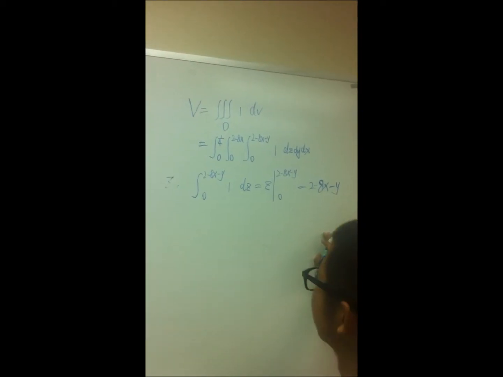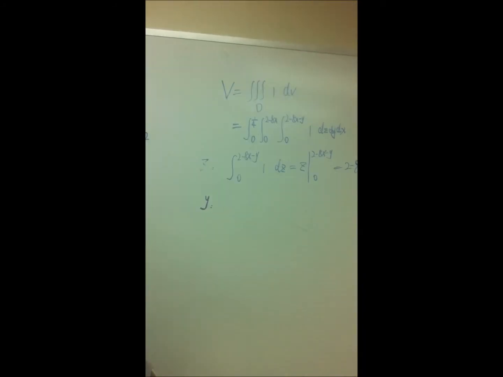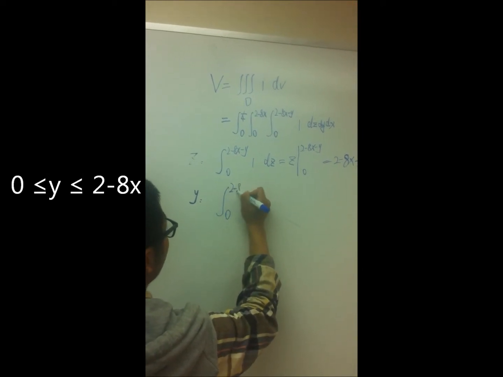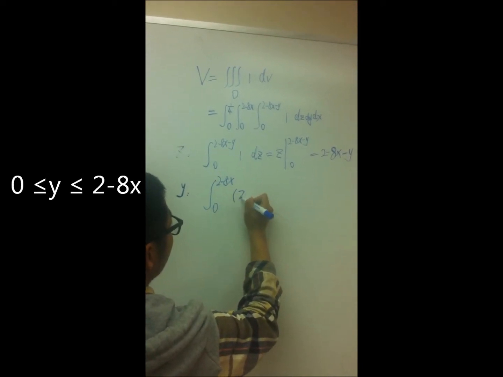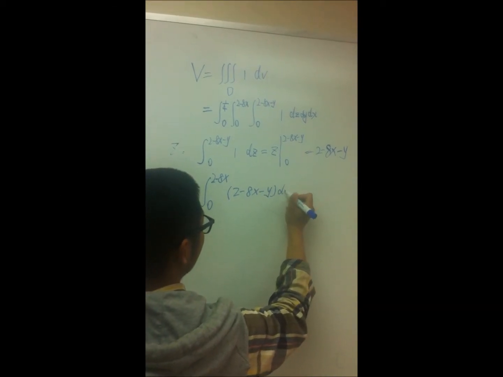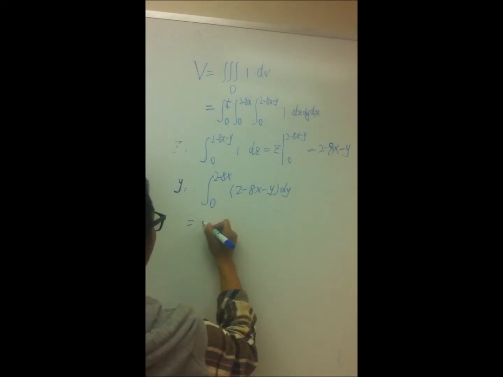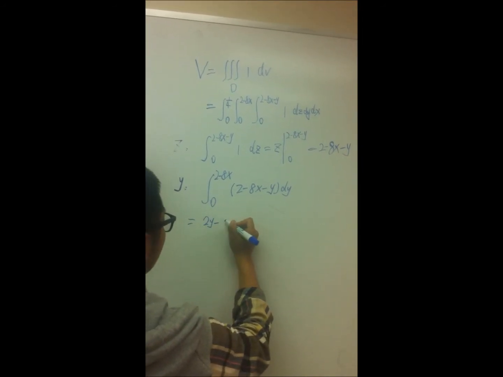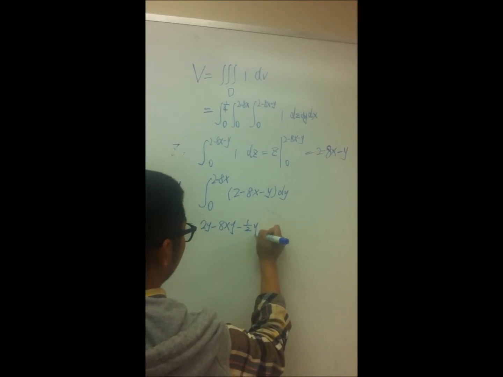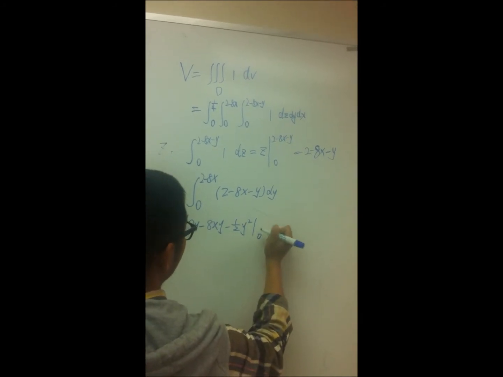Now we can jump into the dy integral. As you see, the 2 gains a y, the 8x gains a y, and the y becomes 1/2 y squared.